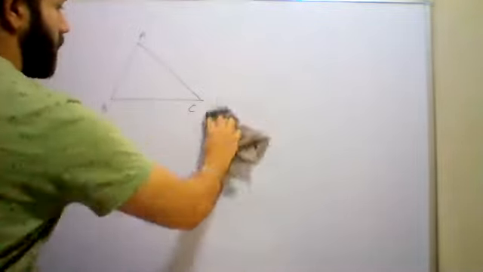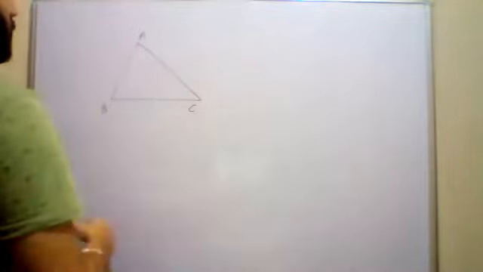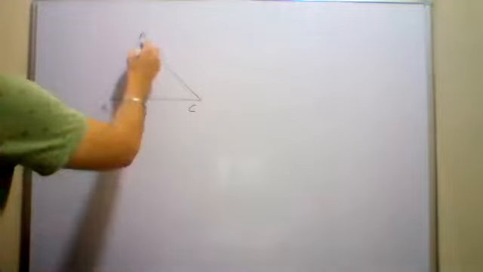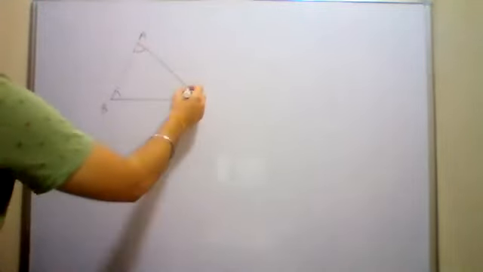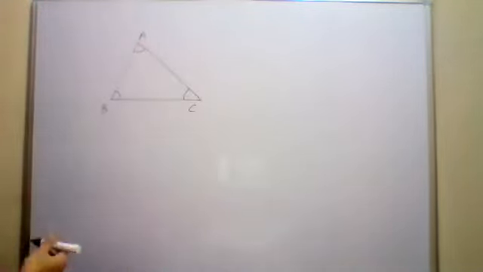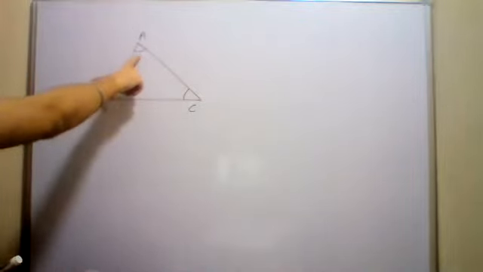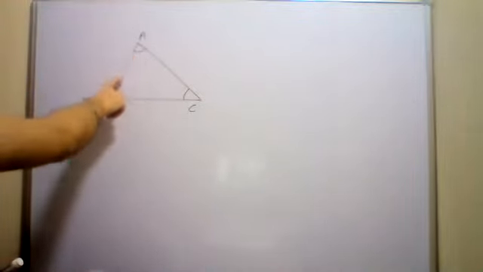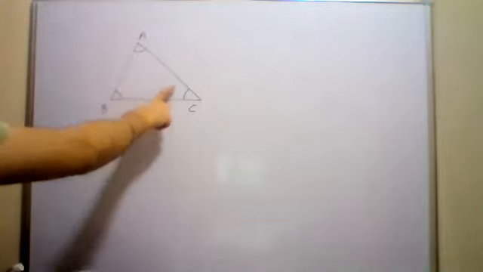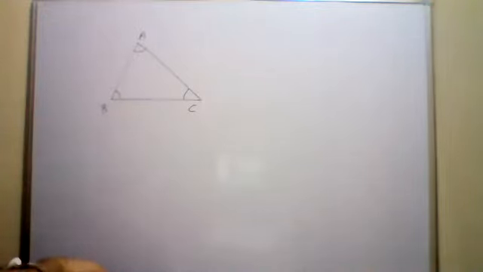In this triangle, there are three angles: angle A, angle B, and angle C. These are known as interior angles of the triangle. There are three interior angles in a triangle. First is angle A, second is angle B, and the third one is angle C.